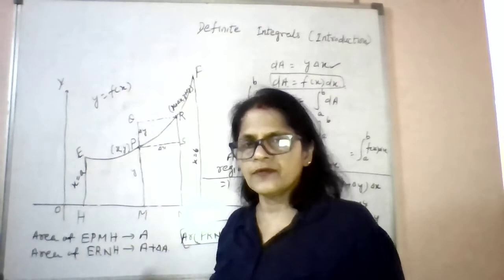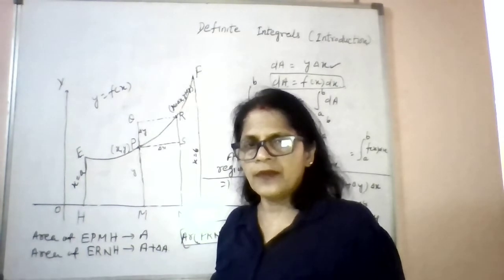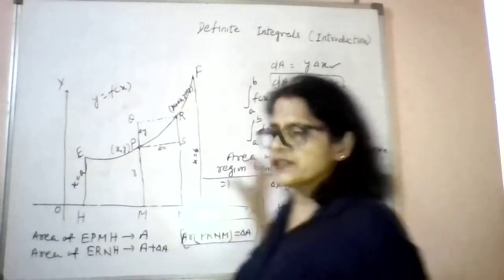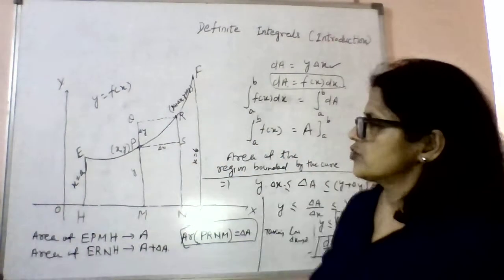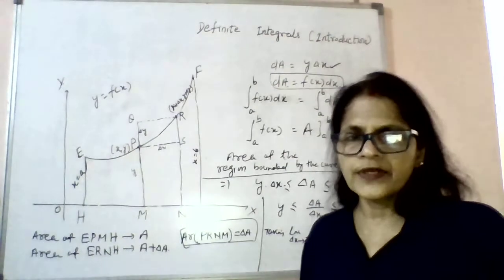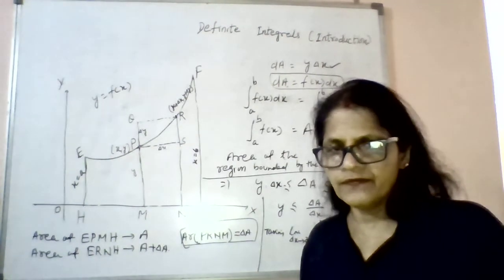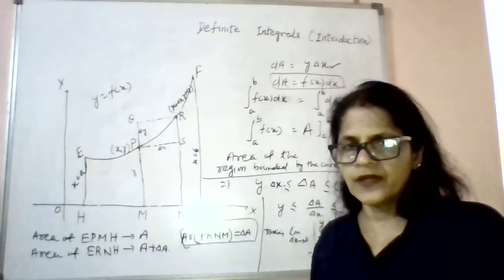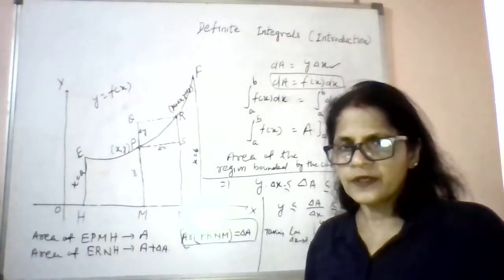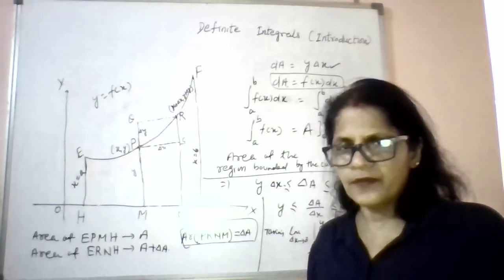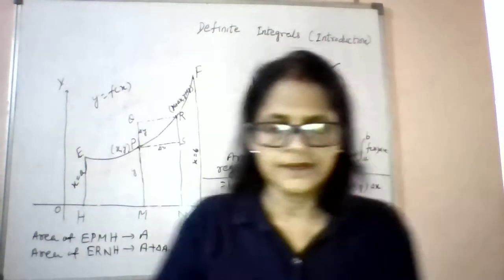You don't have to wonder again how it happens. So the area of the region bounded by the curve from A to B equals the definite integral of the function representing that curve from A to B. Clear?